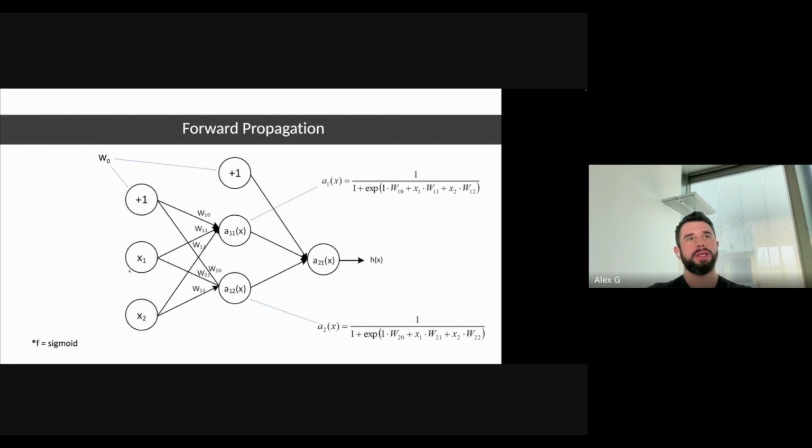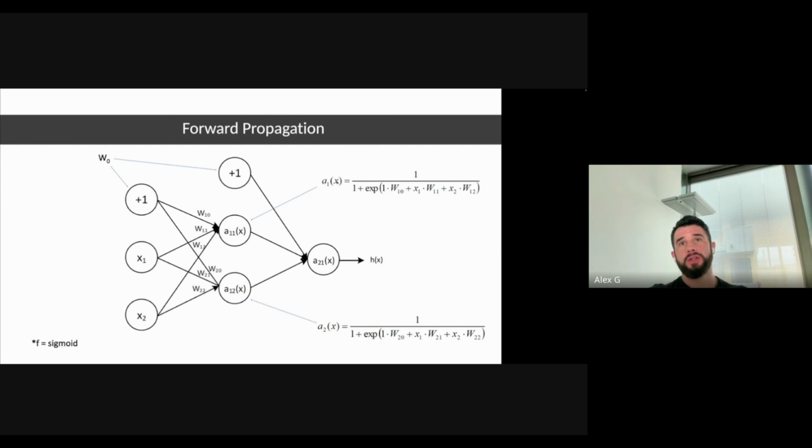Forward propagation is exactly what we've just discussed. You take a sample, you pass x1, x2 into the network. These values are multiplied by weights, and passed to activation functions so that you have activations here.